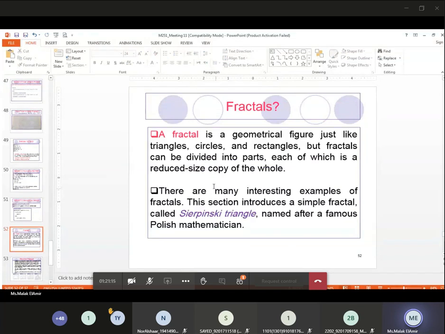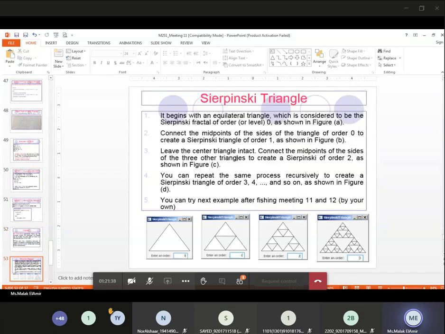So, the last example here with me is fractal. A fractal is a geometric figure just like triangles, circles, rectangles, but fractals can be divided into parts, each of which is a reduced-size copy of the whole problem. What are fractals? Let us check it.